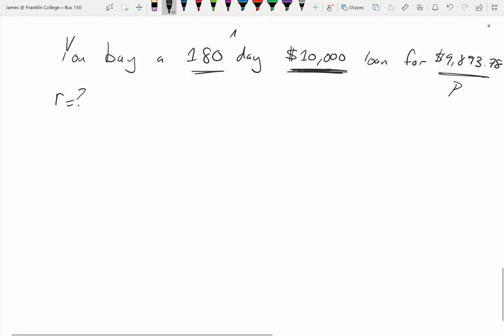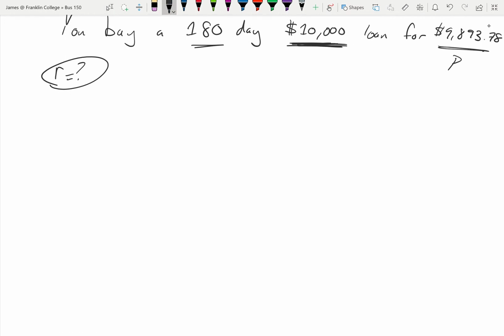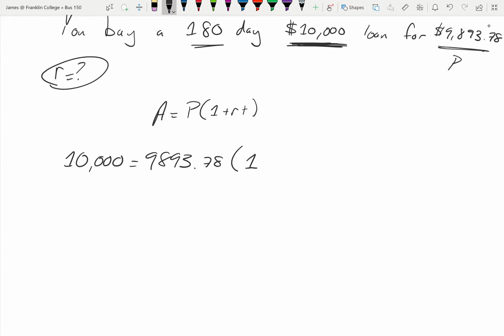So we want to solve, hey, what interest rate are we earning on this account? So we are going to plug that into the A equals P times 1 plus RT equation. So we have $10,000 equals $9,893.78 times 1 plus R times 180 divided by 360, since we're using a banker's year.